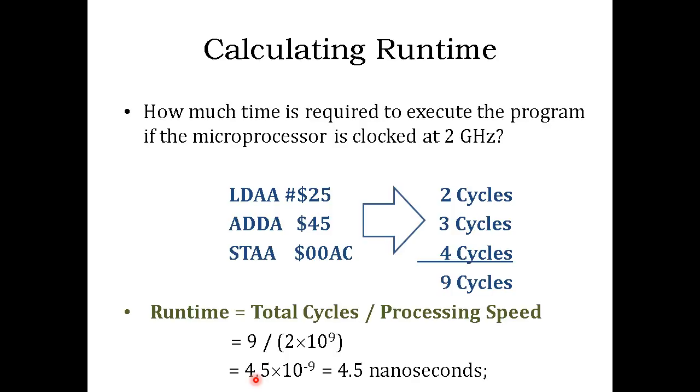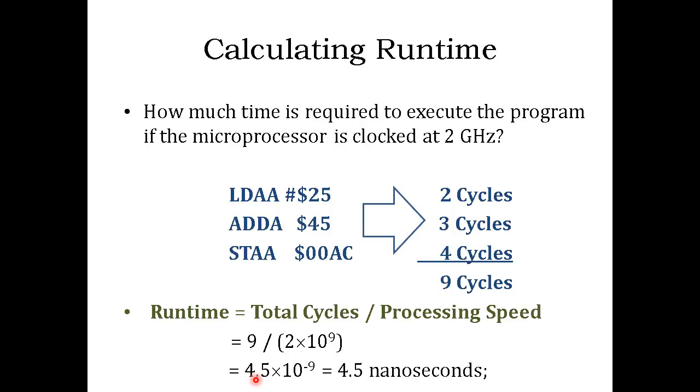4.5 nanoseconds. Now, if your processing speed is much faster than this, your runtime will be much less, right? That's the same reason why, when you buy a new laptop with a higher configuration, it runs the same bunch of lines much faster than your previous one, because now your microprocessor generates more cycles.